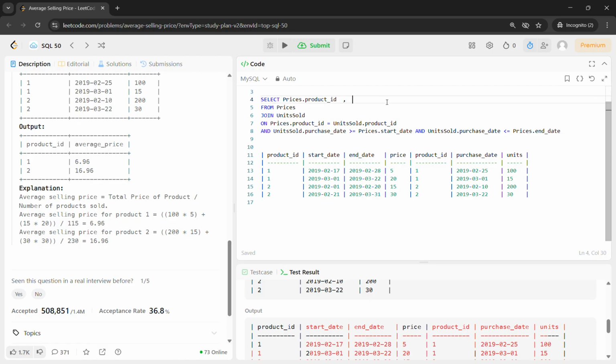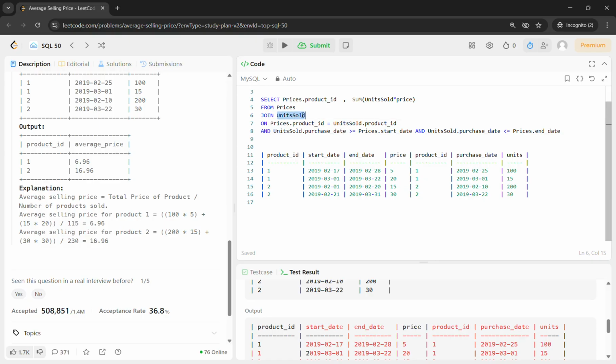What I will do, first I will take the sum of, what will be the sum, 100 multiplied by 5, that means units sold multiplied by price, right?